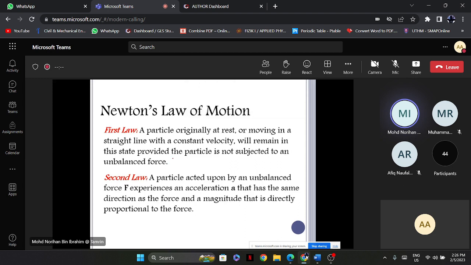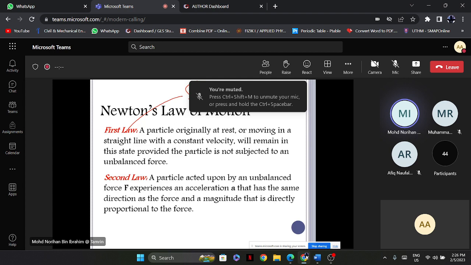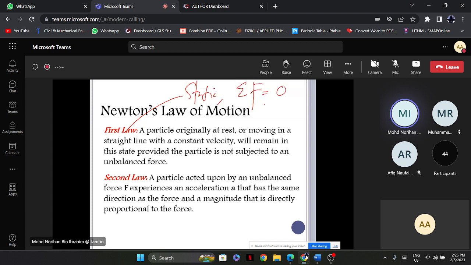So this one is actually concerned with statics, where in this case you need to apply the sum of F is equal to 0, equilibrium.